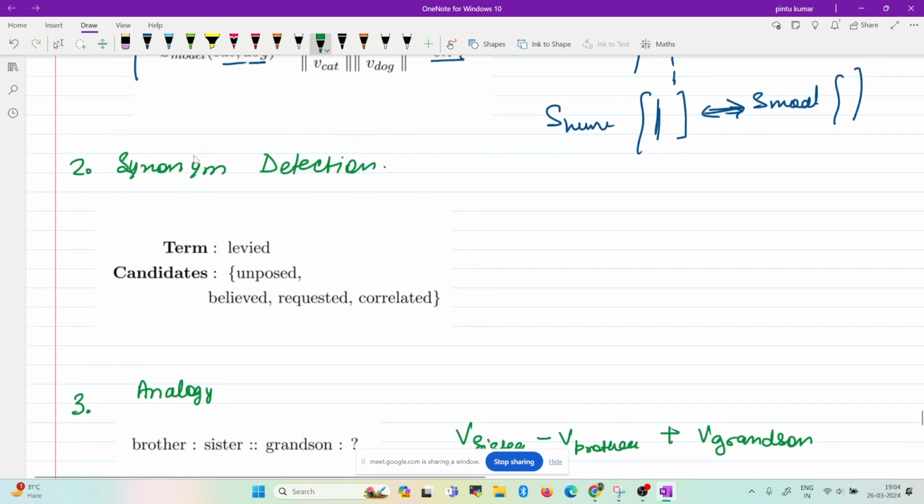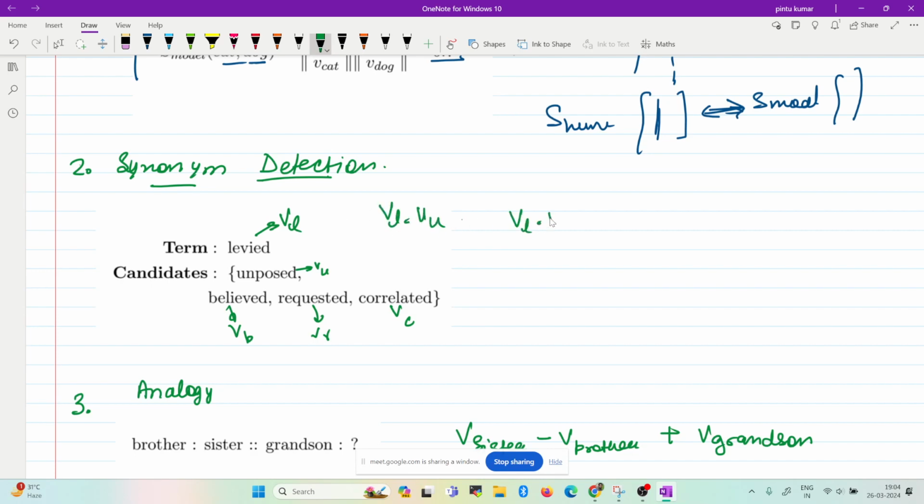Another thing is something known as synonym detection. So how do you do synonym detection? Let's say you have vector representations. This is VL, this is VU, VB, VR, and VC. So you will find the dot product between VL and VU, then VL and VB, and so on.